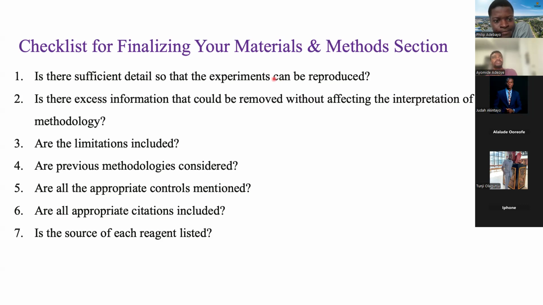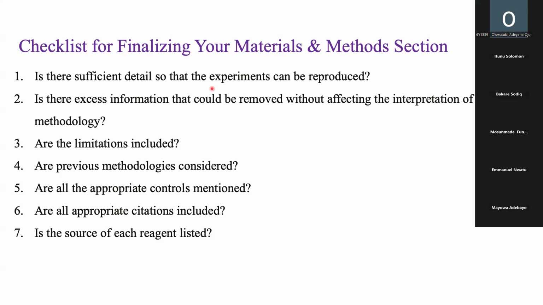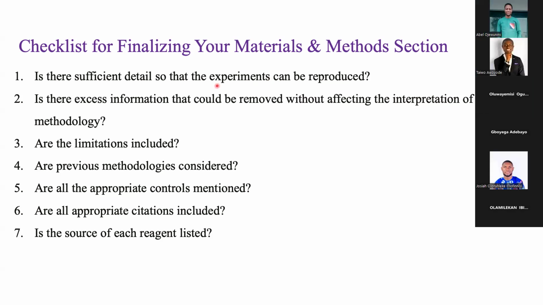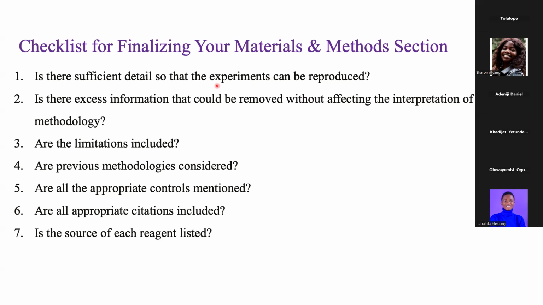So the first thing to think about is: is there sufficient detail in this project that I've highlighted to make this experiment reproducible? Is the detail sufficient for people to reproduce this?